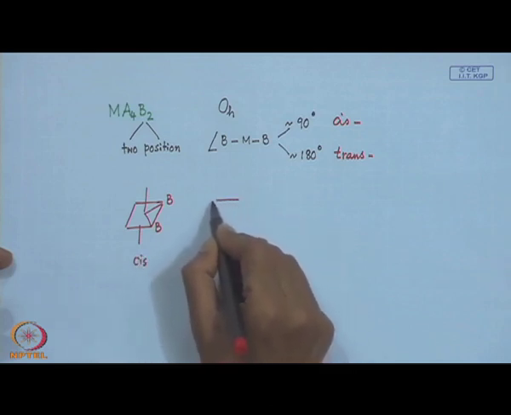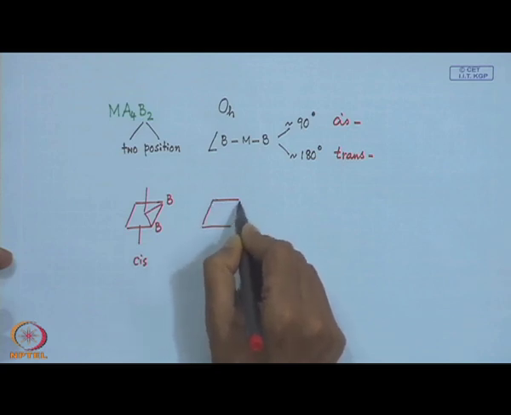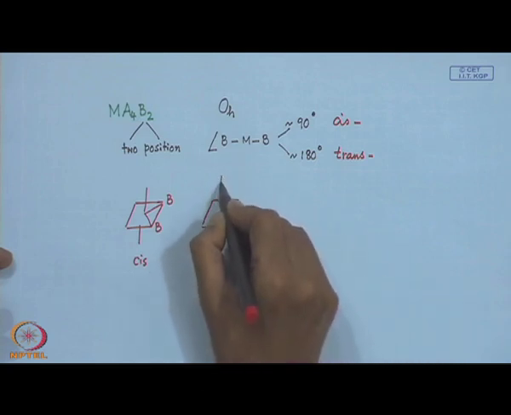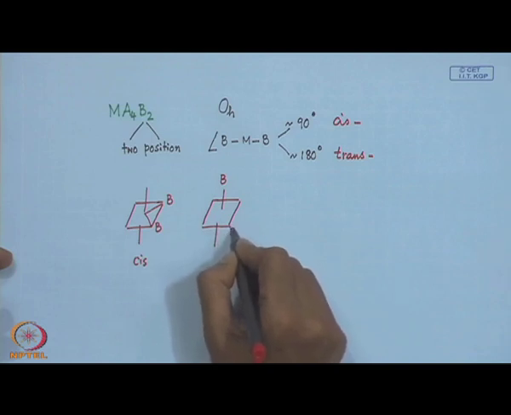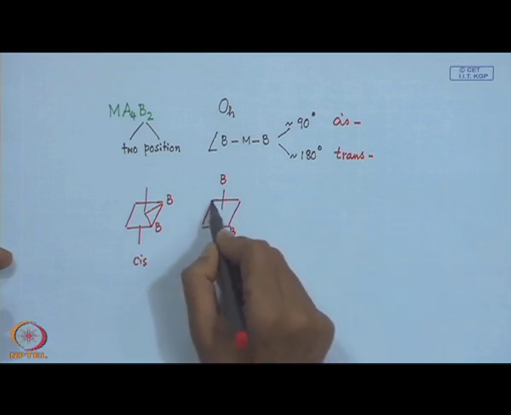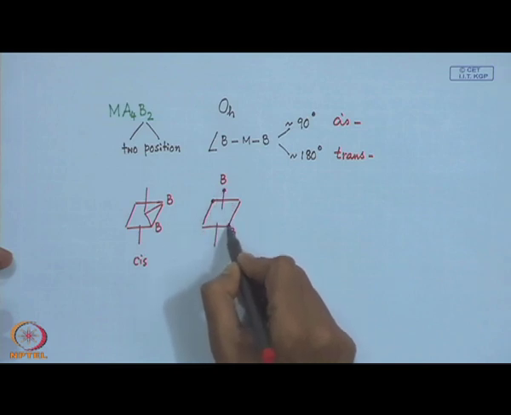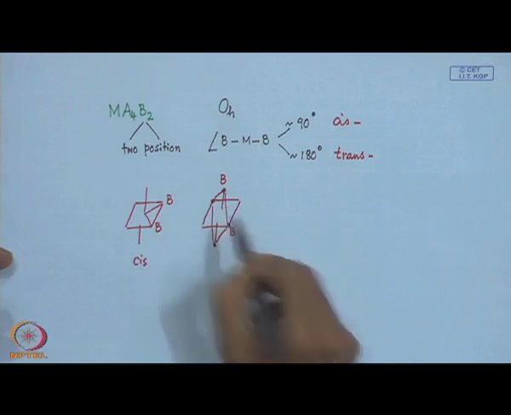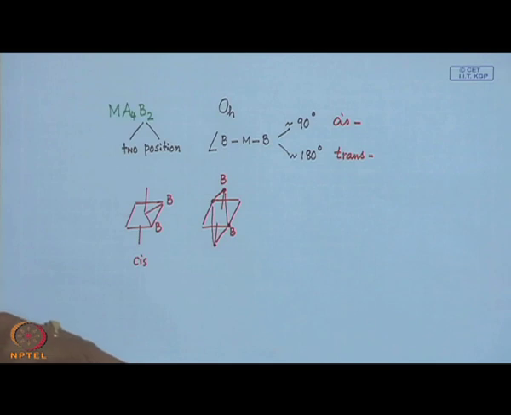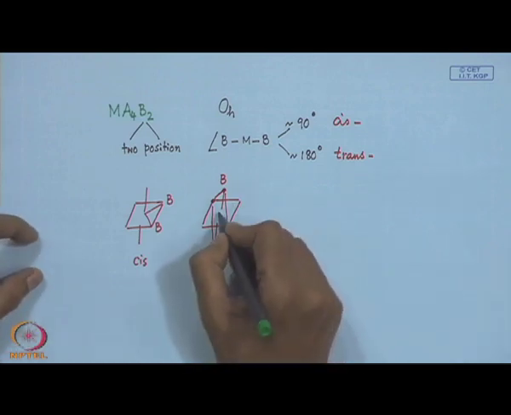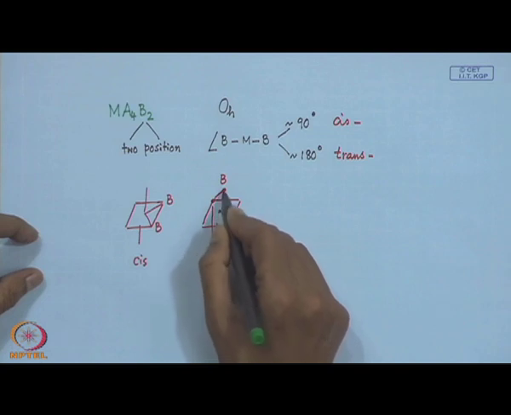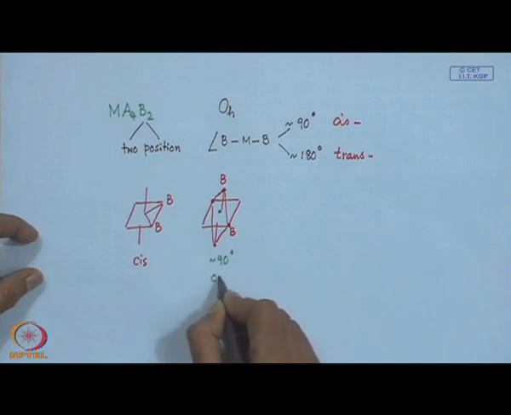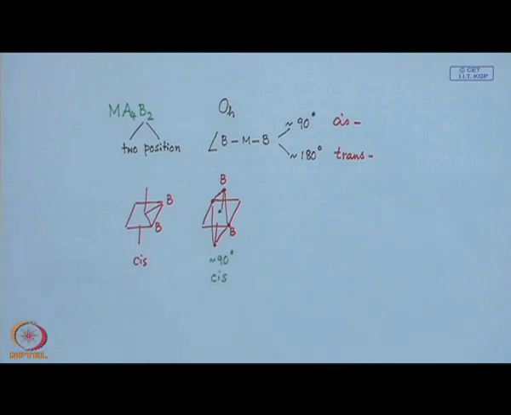Similarly, we should also understand the geometry if the positions of B are like this, considering this position and this position in another square plane. In this case also we have a BMB angle close to 90 degrees, so this would also be a cis geometry.